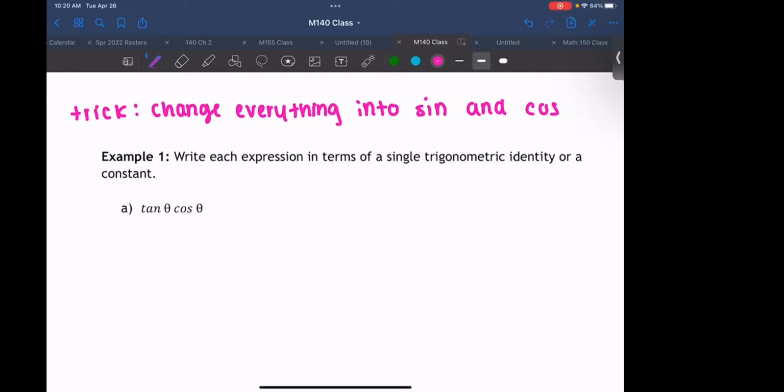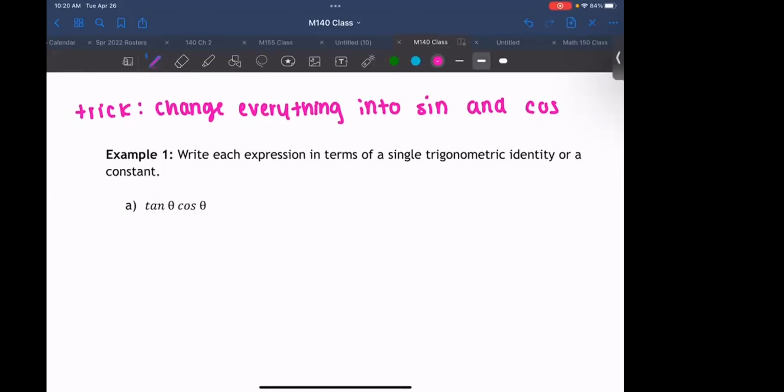Okay. So whenever you see this, I know it sounds like there's a bunch of things to do. You have all these different identities that you can work with. The trick here is to change everything into things that say sine and things that say cosine. This is because sine and cosine are really easy to work with, and there's a lot of stuff in our identities that use sine and cosine. Let me show you how to do something like this.